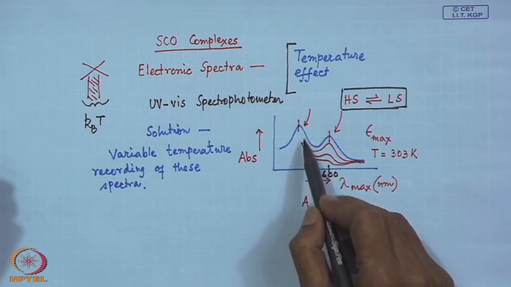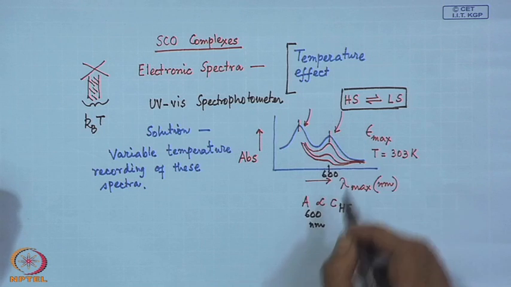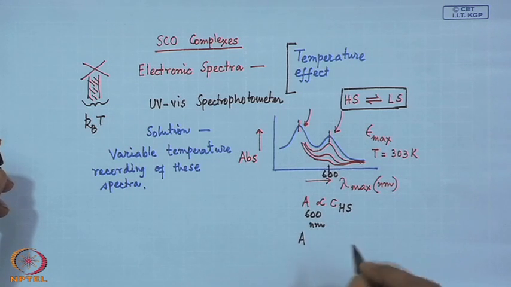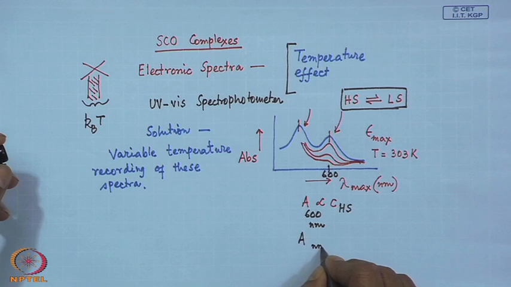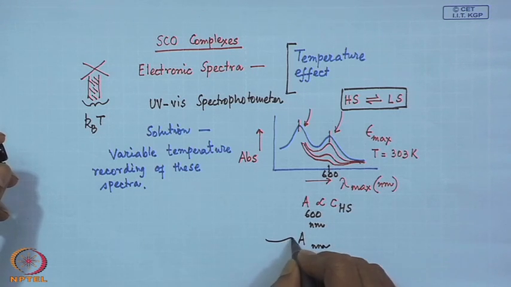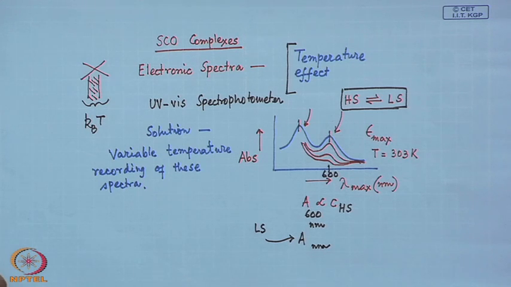We get an increase in concentration and the characteristic absorbance at some other nanometer value for the low spin compound, which will increase with temperature. So, optical spectroscopy is a useful technique, and we can record the spectrum for monitoring spin crossover for different types of molecules and characterize the SCO molecules using it.